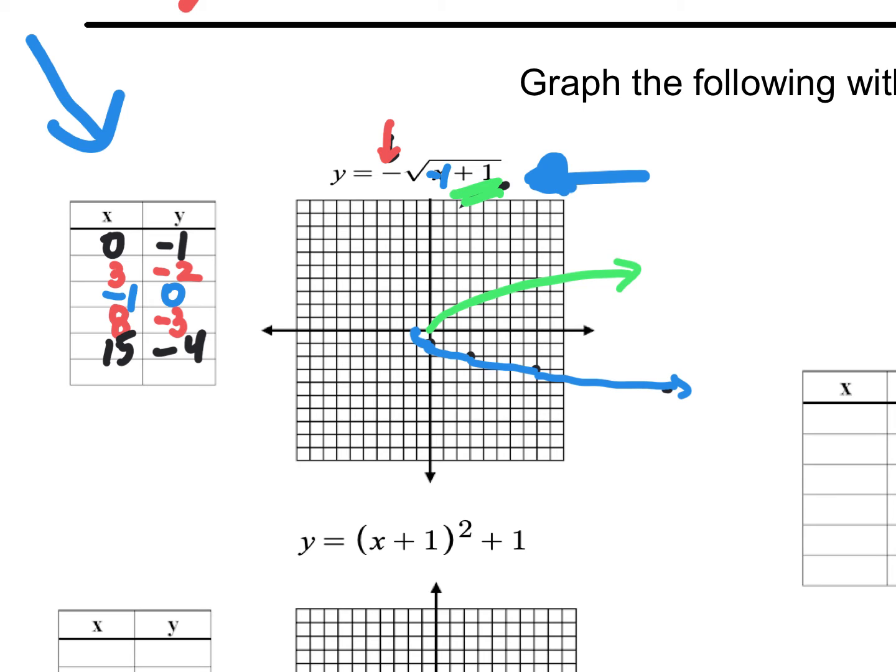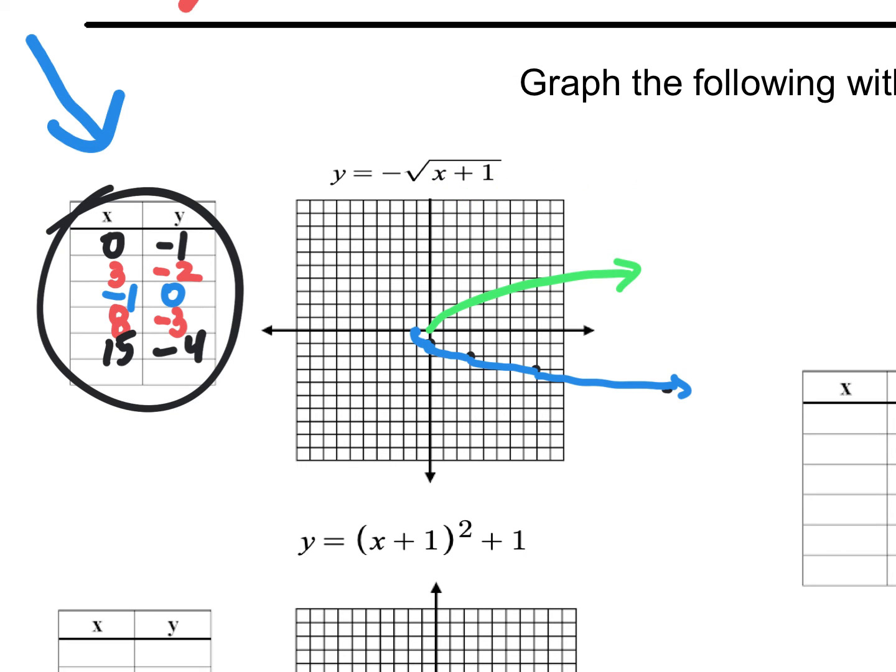Now, kids, this is the key moment. If you can make points like this, awesome, but you're really not going to be good at this unless you can also look and see what it should look like. You can't just blindly trust your points. Some kid is going to probably get a point and screw it up, and the point will be like up here. And they'll be like, well, how am I supposed to connect that?